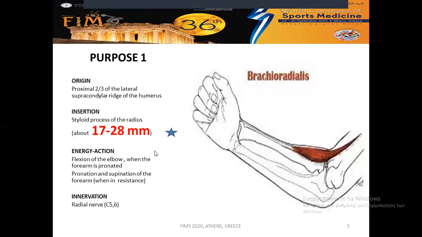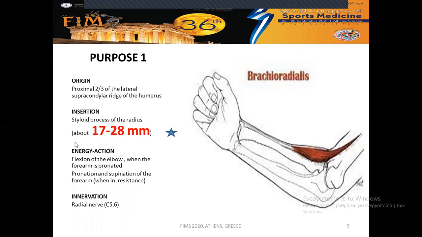We know from the lessons of anatomy in the first years of our medical school that the brachioradialis muscle, a very big and long muscle between the distal humerus and the distal radius, has an insertion site on the styloid process of the radius about 17 to 28 millimeters away from the apex of the styloid process.